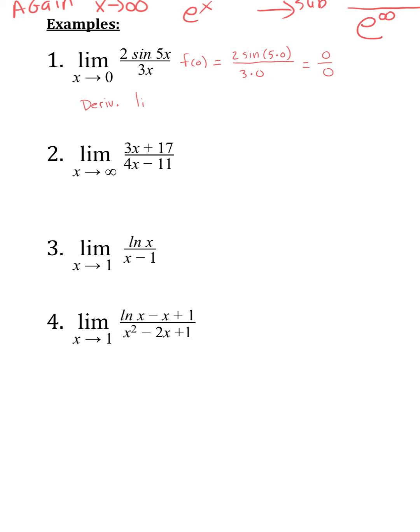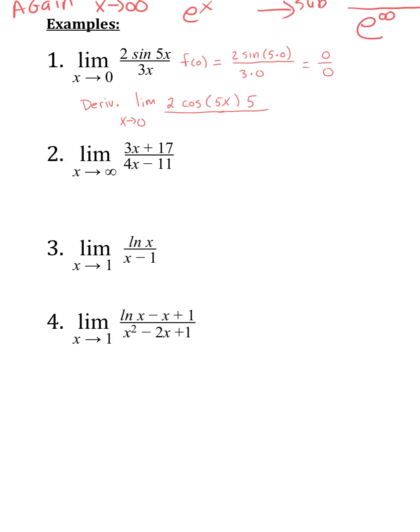So I still have the limit as x approaches 0. On top, the 2 comes along for the ride. This is going to be a chain rule. The outer function is sine and the inner function is 5x. So the derivative of the outer is cosine, the inner as is, 5x, and the derivative of the inner is 5.